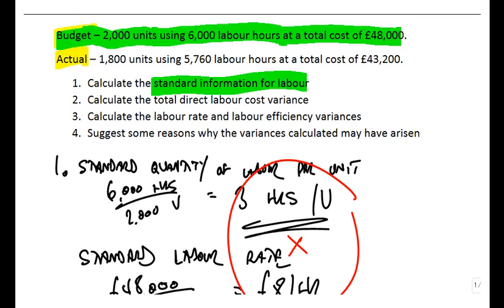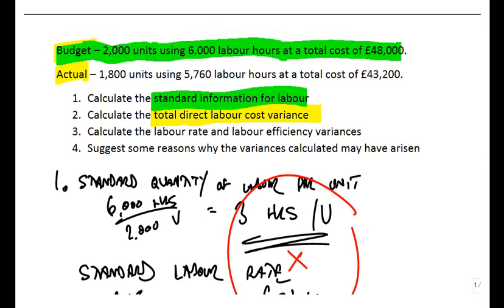I can now start thinking about variances. Now, the first variance we're going to calculate is actually the total direct labour cost variance. We'll then look at breaking it down into constituent elements, but the total direct labour cost variance is effectively comparing the actual amount we spent on labour, which is actually quite an easy figure.